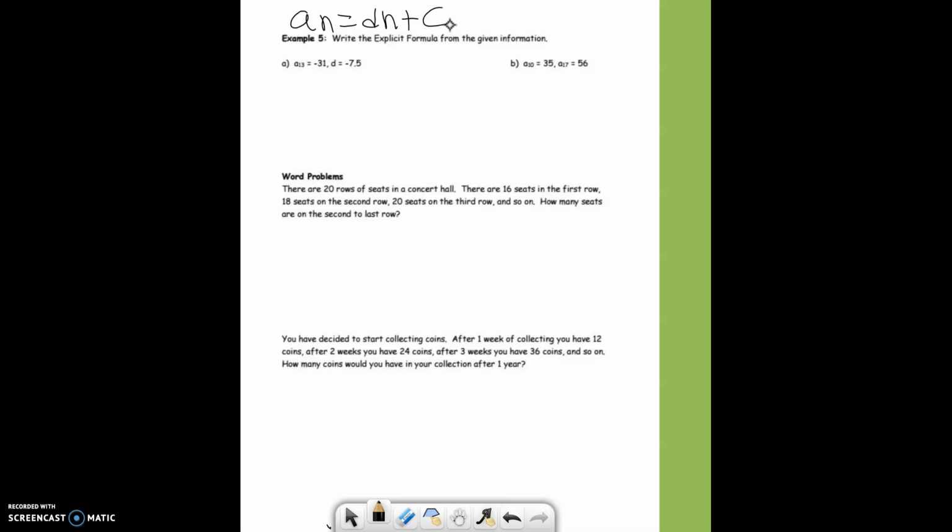So I could plug in, we know negative 31 is going to equal negative 7.5 times the 13th term, plus we don't have the zero term. If we solve this simple algebra problem, we will be able to get it.